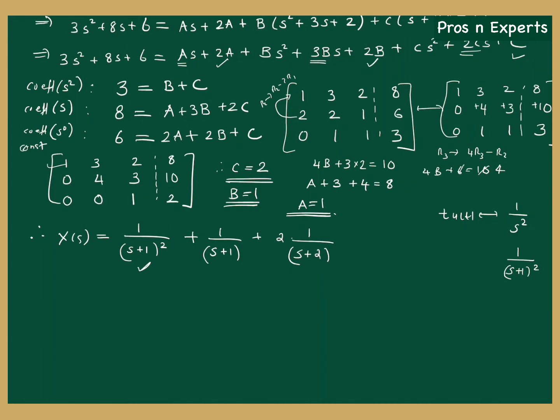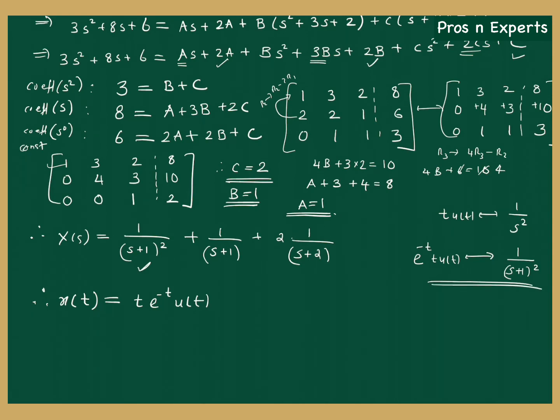Okay, so what will be the corresponding change in the time domain? It is e raised to minus t into t u of t. Okay, so a shift in the frequency domain corresponds to a multiplication by an exponential signal, and s plus 1 means it is e raised to minus t here. That's the only difference. So the first term, inverse transform, x of t equal to t into e raised to minus t u of t.